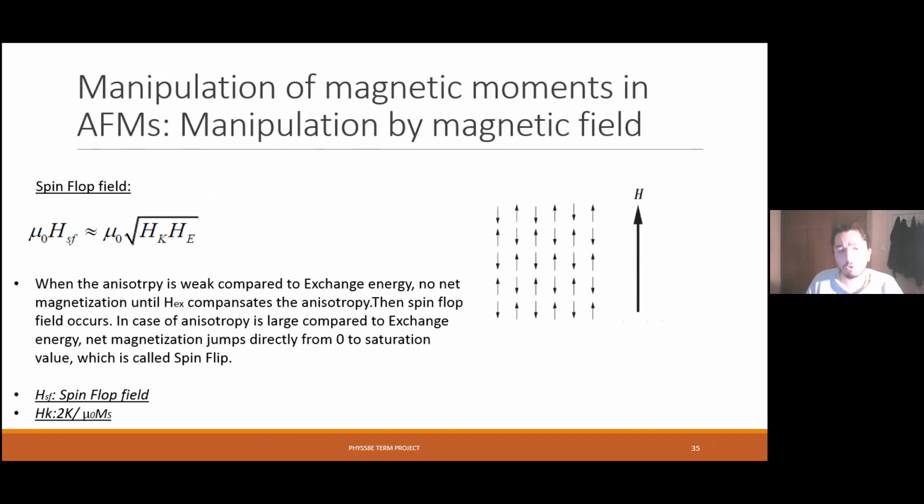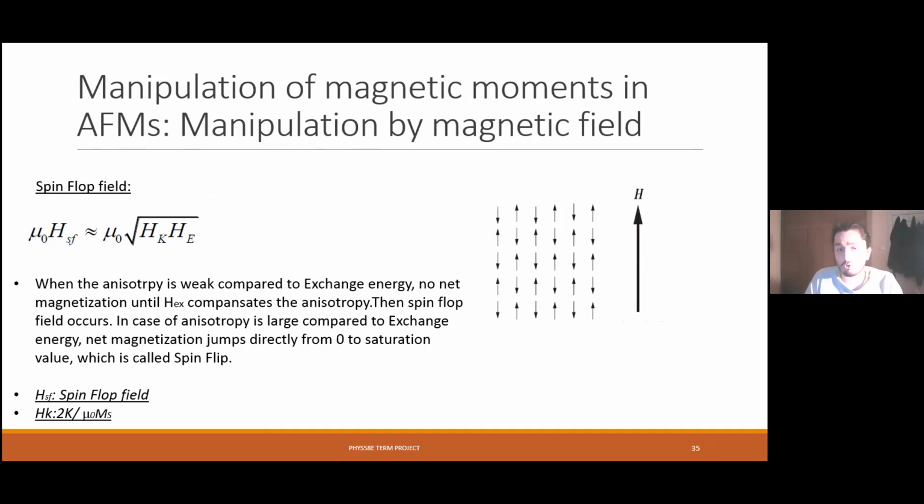So when the anisotropy is weak compared to the exchange energy, which means that the anisotropy energy is small compared with the exchange energy between two antiferromagnetic spins, there is no net magnetization until the external magnetic field compensates the anisotropy. The spin flop field occurs.